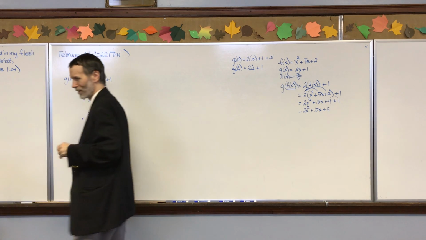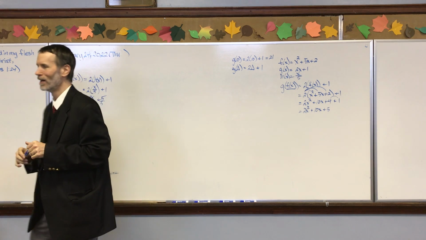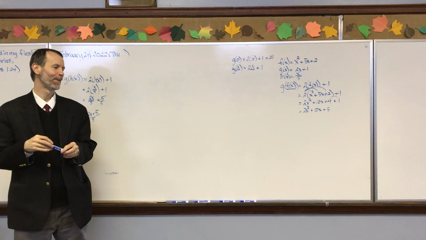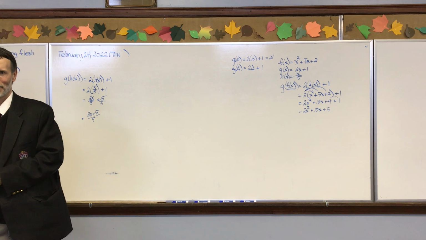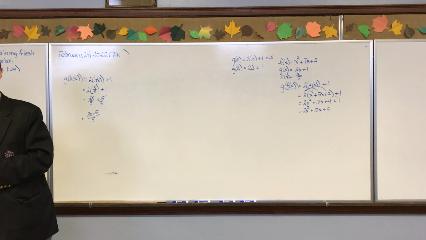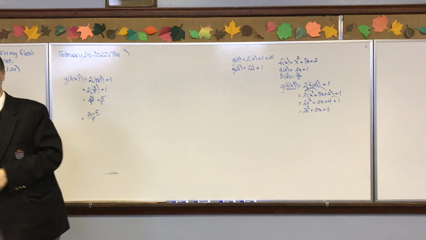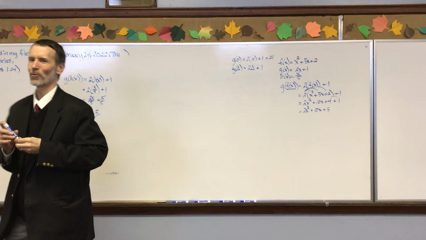H of f of x. So question, Mary, help me out here. H of x, what does it do to inputs? When you plug something into the function h, what does it do to it?